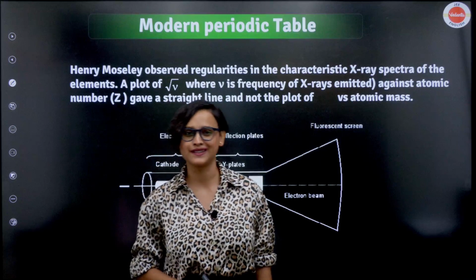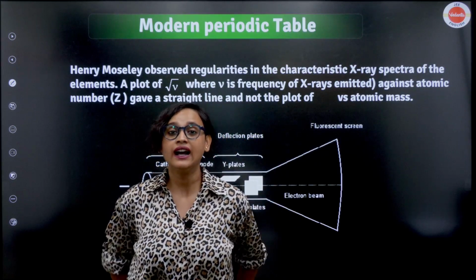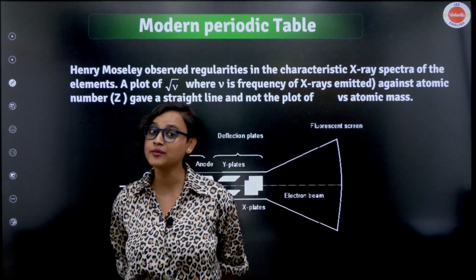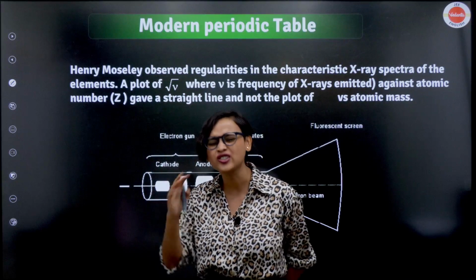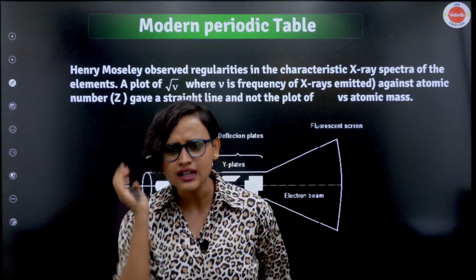And then comes the true visionary, that is Sir Henry Moseley. What Henry Moseley did was, this time he said that, you know what, let's change our thought process a little bit. Why talk about atomic weight again and again? Let's do one thing.